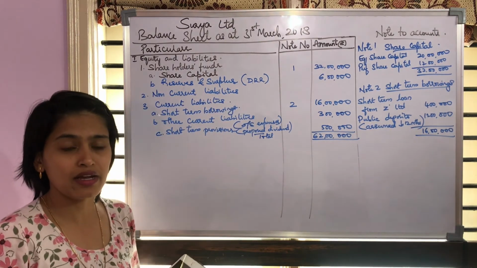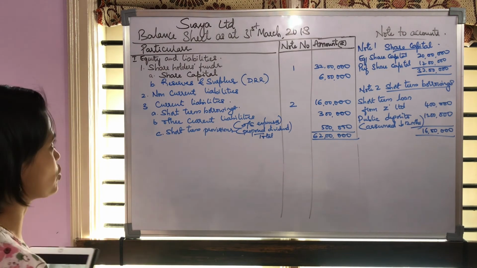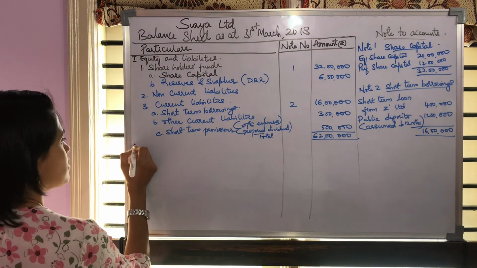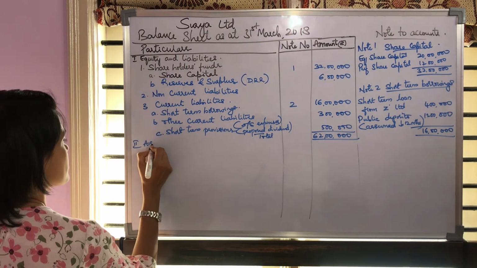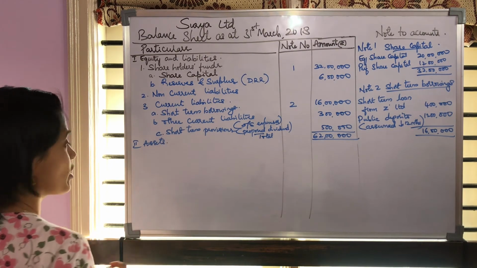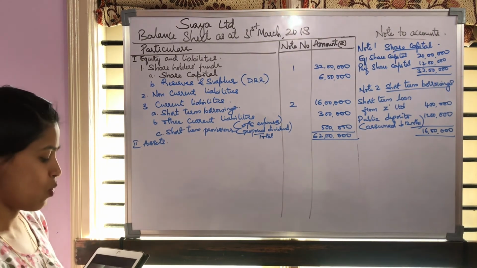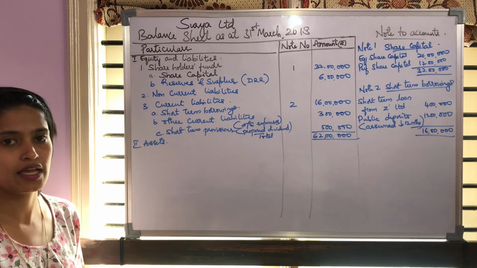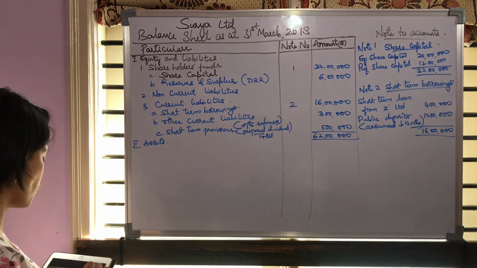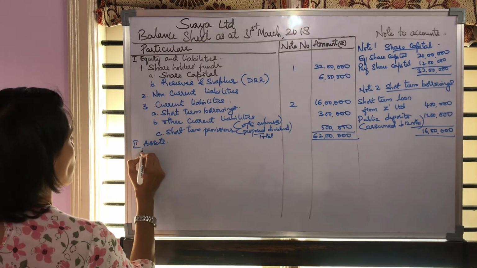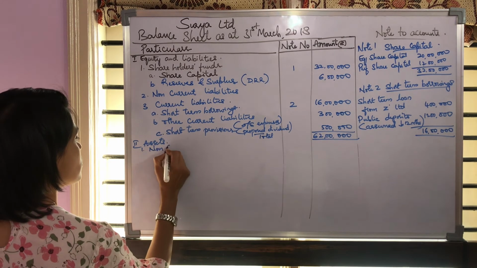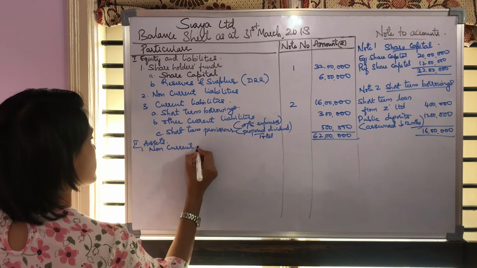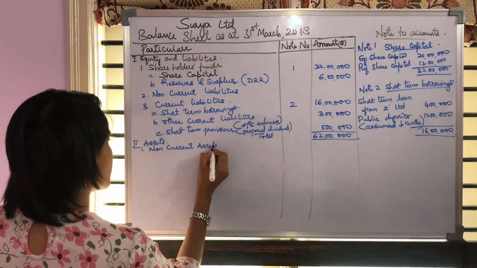Now we need to prepare the second part of the balance sheet, what we call it as assets. So under assets we have two major heads. One is non-current assets and current assets. So first we will prepare for non-current assets.